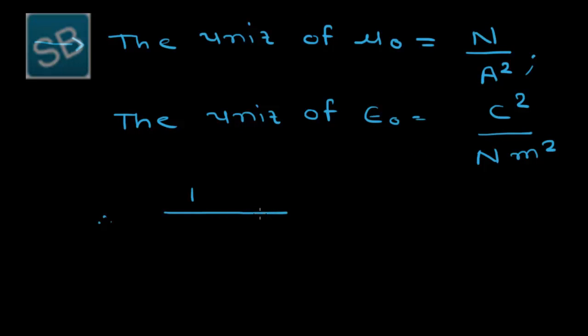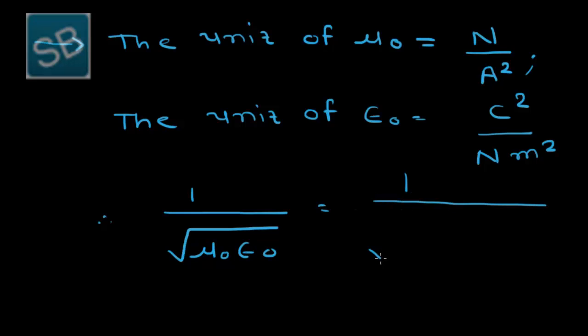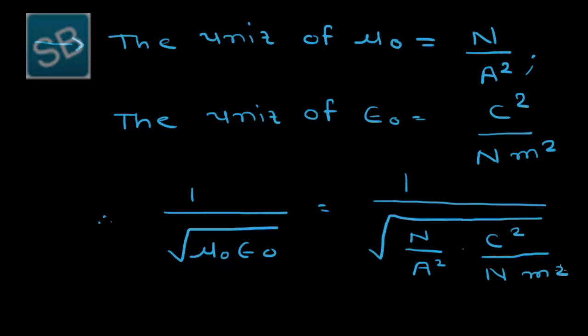Therefore, 1 over under root mu 0 epsilon 0 is equal to 1 over under root of Newton upon ampere square into Coulomb square upon Newton into meter square. So Newton is cancelled.